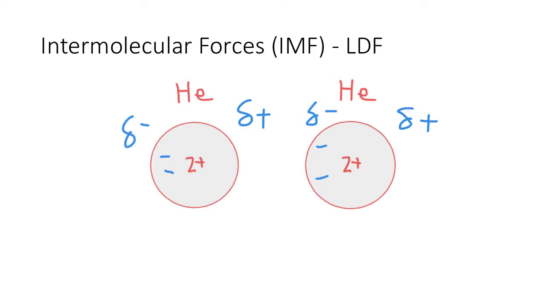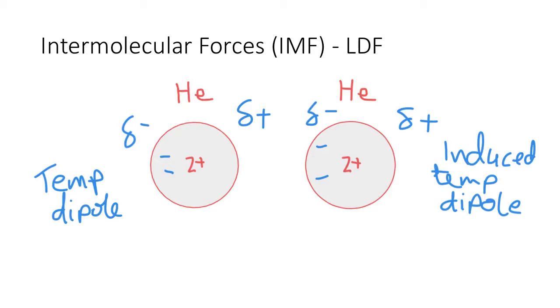It didn't happen on its own, it was induced. We then have a force of attraction between these two oppositely charged dipoles, a temporary dipole interaction, and that is a London dispersion force.